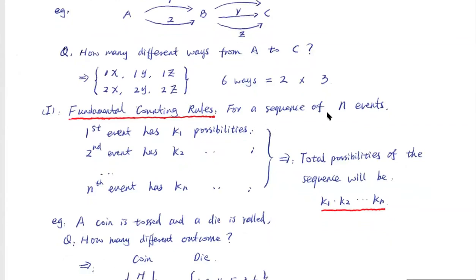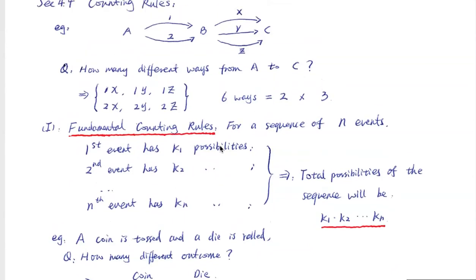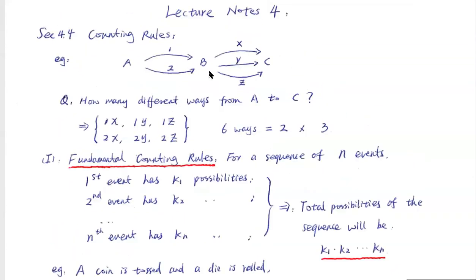Say you have a sequence of n events. The first event, you have K1 possibilities. In this case, the first event from A to B, you have 2 possibilities, K1 equal to 2. Second event, you have K2 possibilities. In our example, from B to C, we have 3 cases. And we can continue, C to D, D to E, and so on.